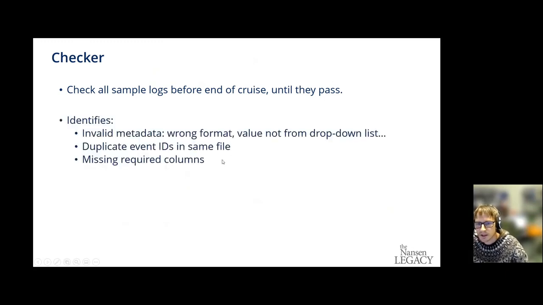This will identify if you've picked a sample type that isn't from a drop-down list, if your date is in a format that it can't recognize, if your ID isn't in a format it can't recognize, different things. It will identify if you've used the same ID twice in the same file, because they should be unique. And it will identify if you've missed a column that you should be including.